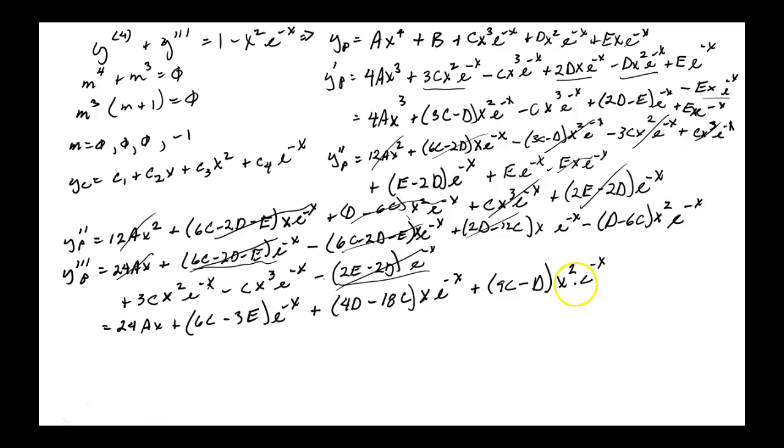Okay? That takes care of those two. And then I think we only got one x cubed term, so it's minus c x cubed e to the minus x. There's our y triple prime.